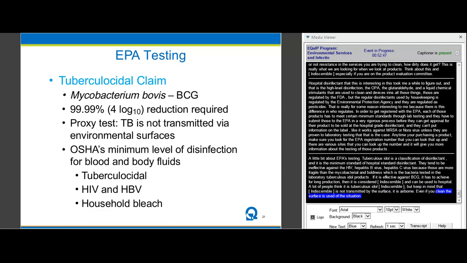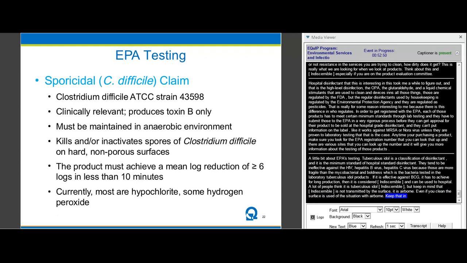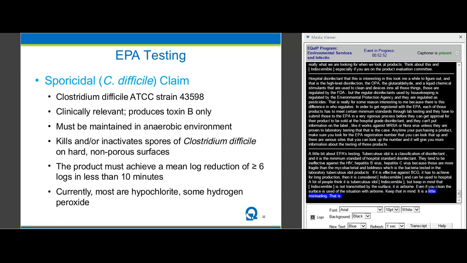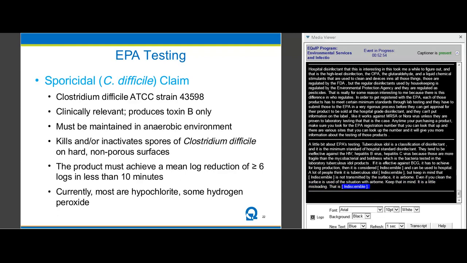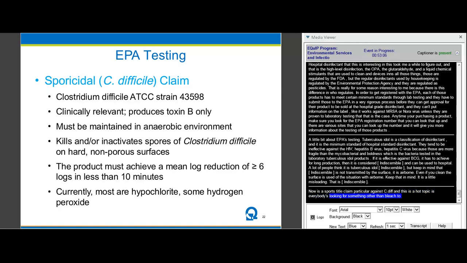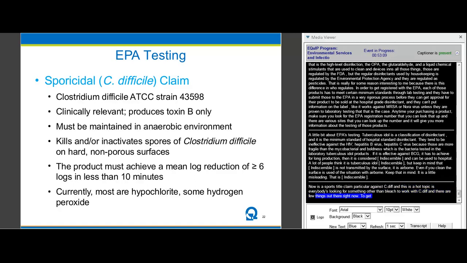So that's the tuberculocidal claim. Now, new is a sporicidal claim, particularly against C. diff. And this is a hot topic because everybody is looking for something other than bleach to work with C. diff. And there are a few things out there right now. But to get a sporicidal claim, the product has to be tested on a specific strain of C. difficile, which does produce a toxin.